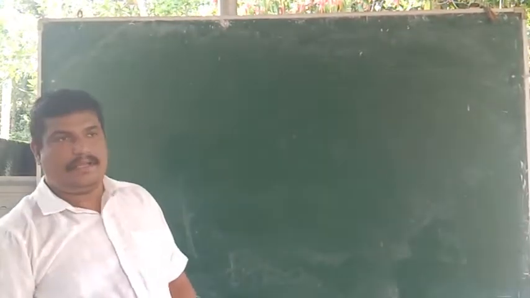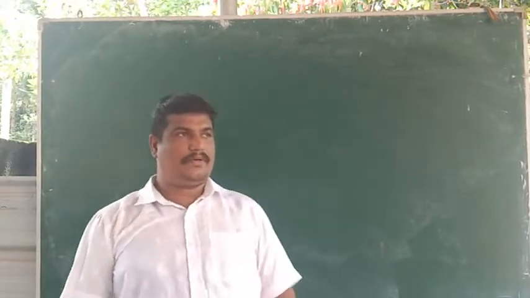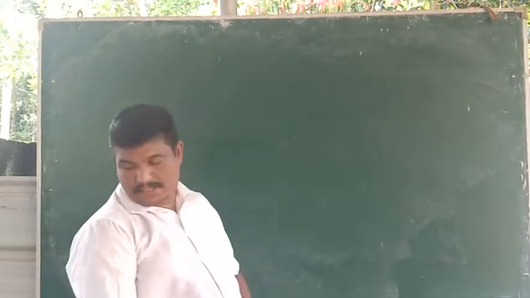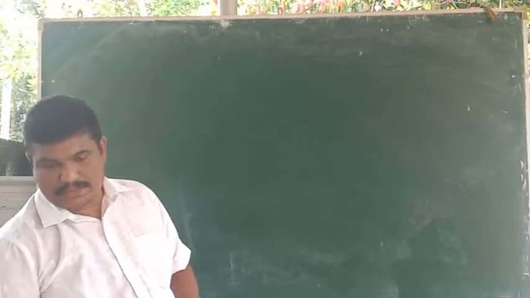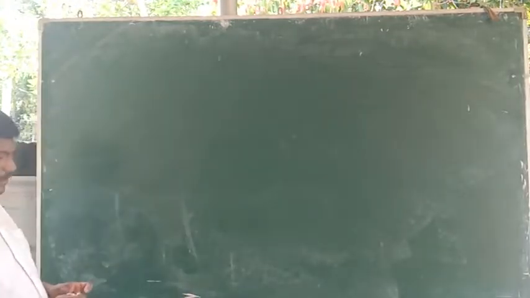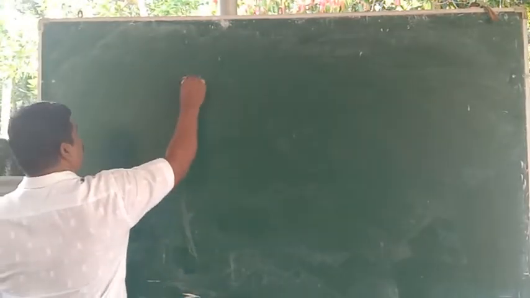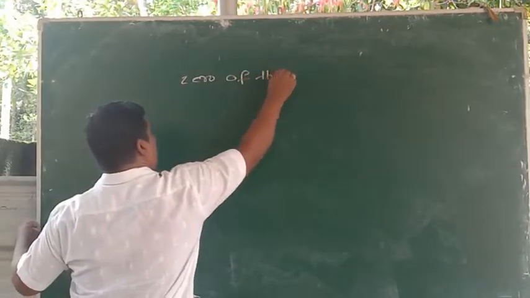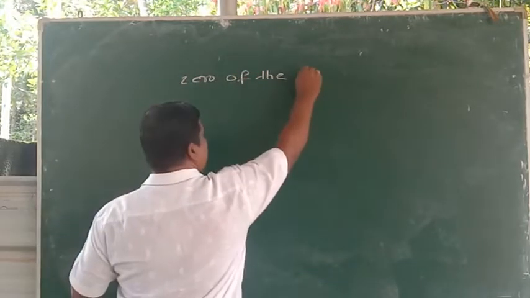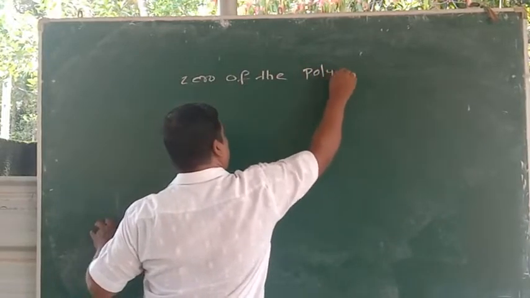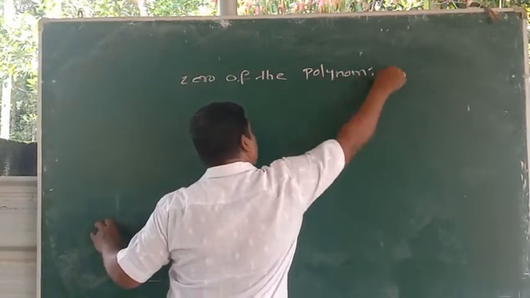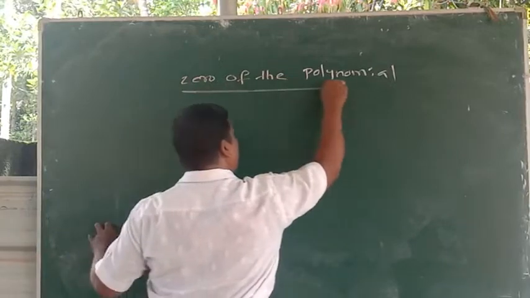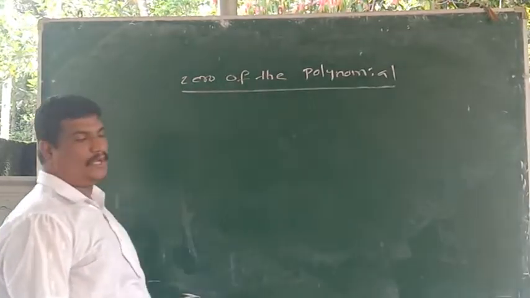Next, very important topic of the next section: zero of the polynomial.